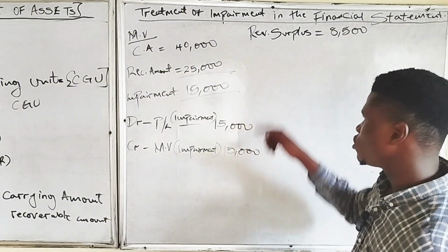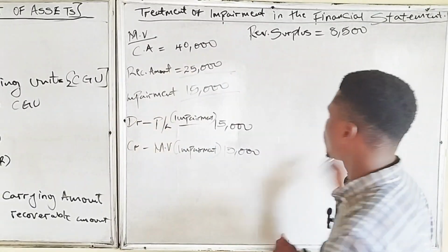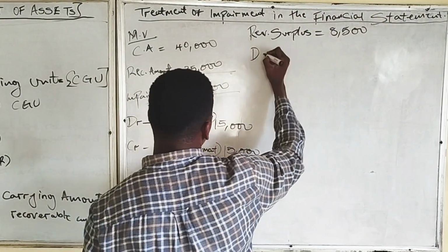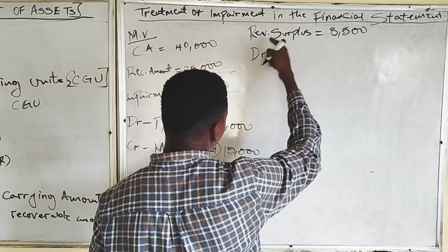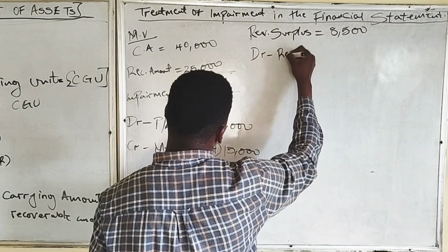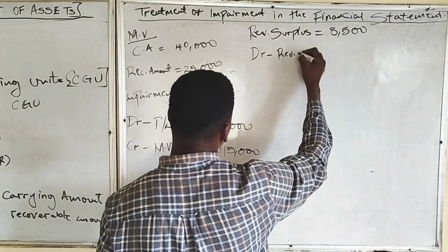So passing the entry, the whole 15,000 will not go to profit or loss, meaning that we will debit the previous revaluation surplus, since there's a previous revaluation surplus on that asset. Revaluation surplus is charged to OCI, other comprehensive income.